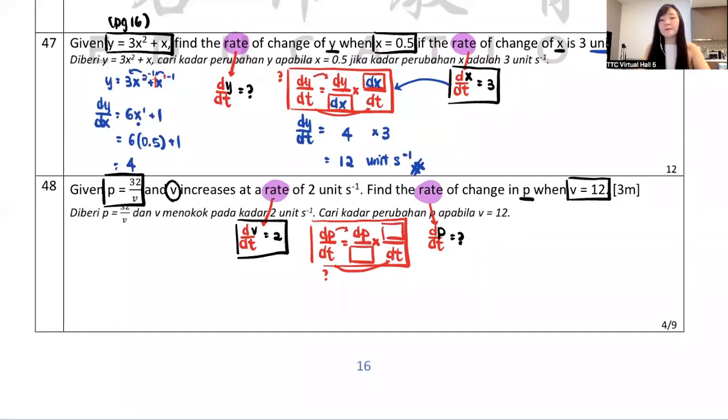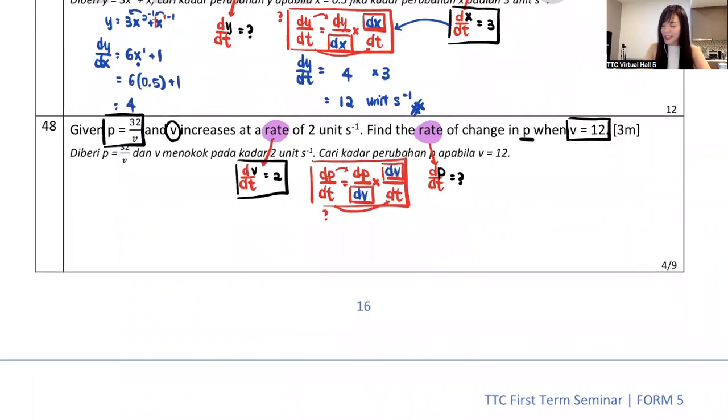We fill in the blank. What is inside the empty spot? Thank you, Jamie. dV. Thank you, Jay. dV. So isn't it like that? So dP/dt equals dV/dt times 2. Then in the middle we have dP/dV.